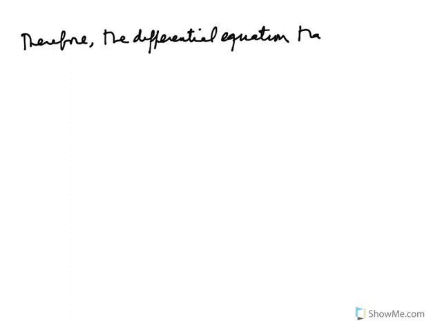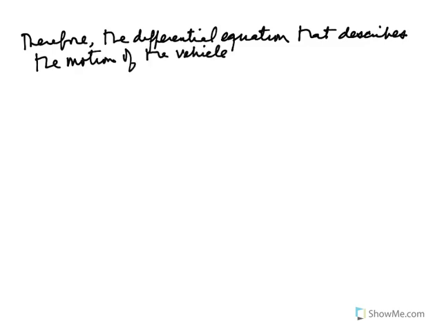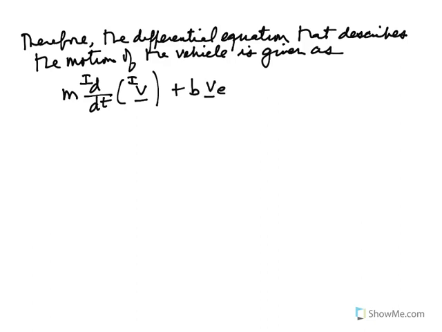Therefore, the differential equation that describes the motion of the vehicle is given as m times d dt in I of vi plus b times ve in I equals f.